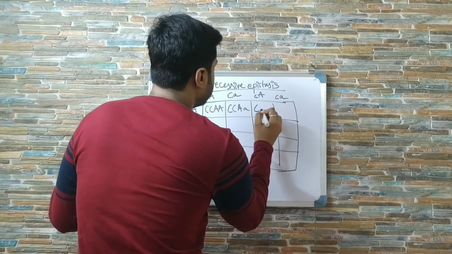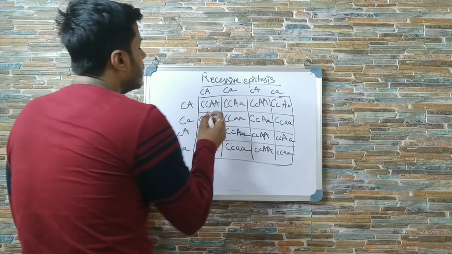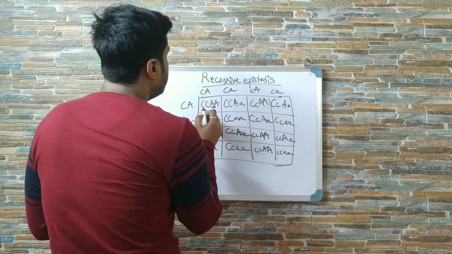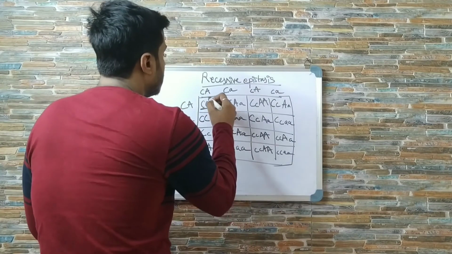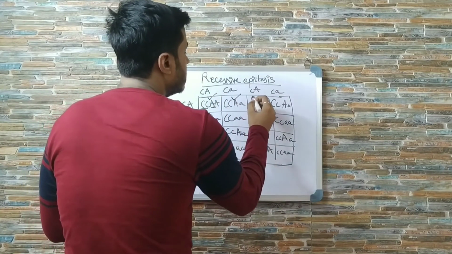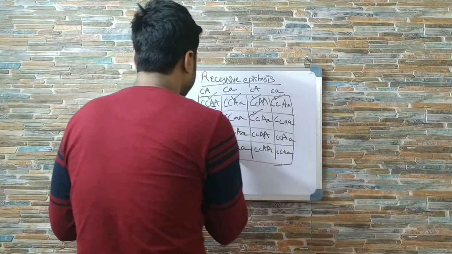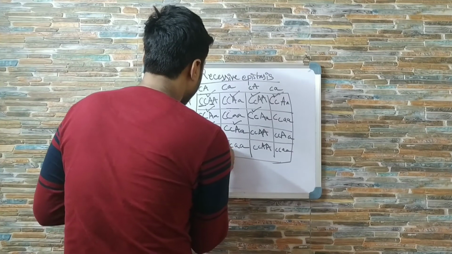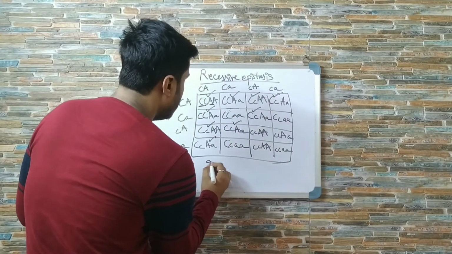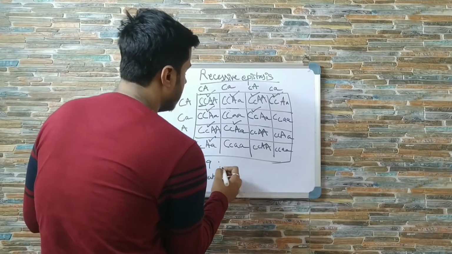This will be Cc AA. Now, wherever A is present, in presence of this dominant allele C, it will be agouti. So, 1, 2, 3, 4, 5, 6, 7, 8, 9. So, there are 9 agouti or greyish mice.